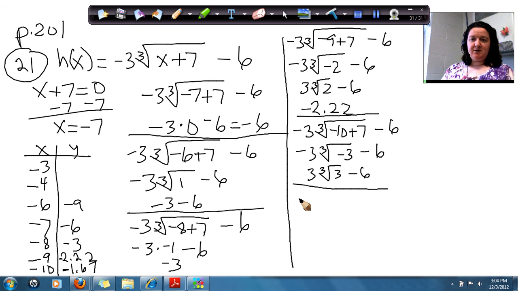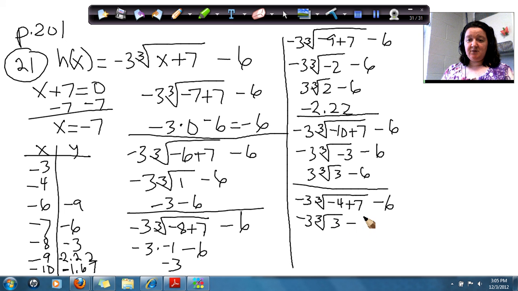Okay, let's figure out what these values are. If I plug in negative 4, I have negative 3 times the third root of negative 4 plus 7, minus 6. That's going to give me negative 3 times the third root of 3, minus 6.